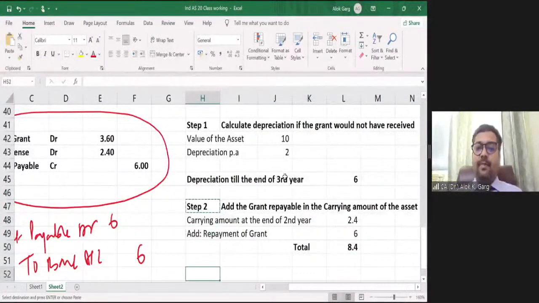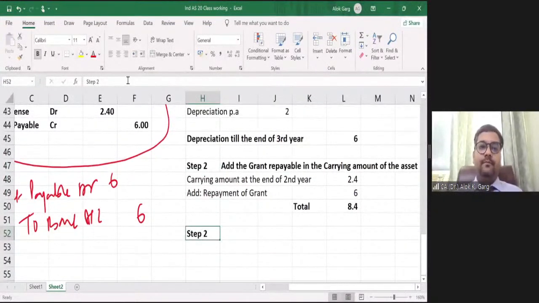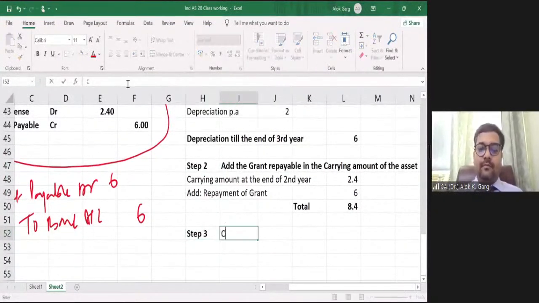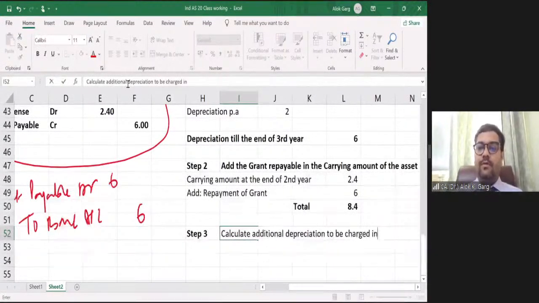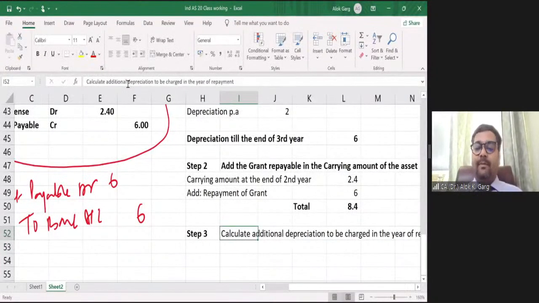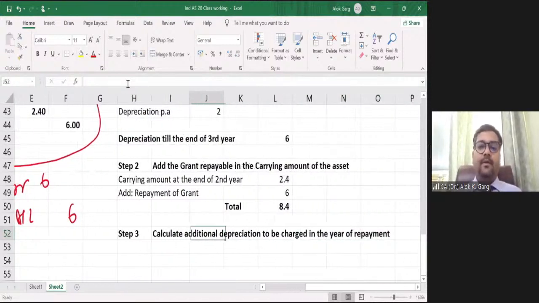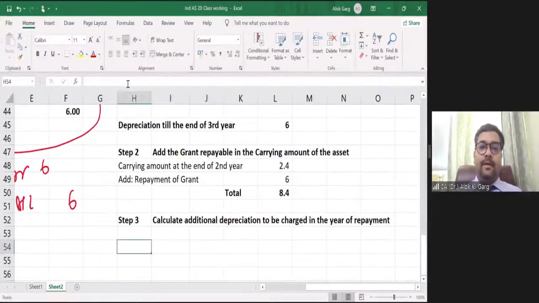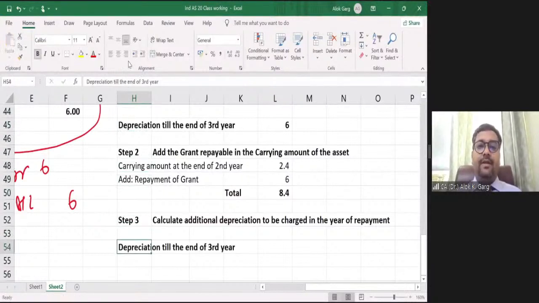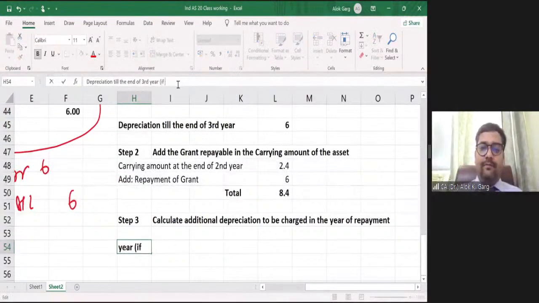Step 3. Calculate additional depreciation to be charged in the year of repayment, when the grant is repayable. So depreciation till the end of third year if the grant not received.